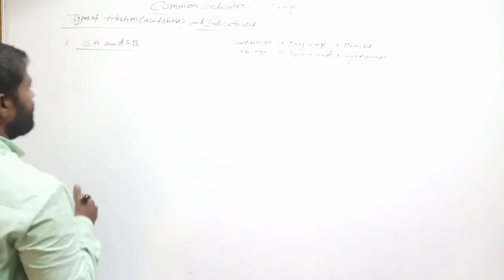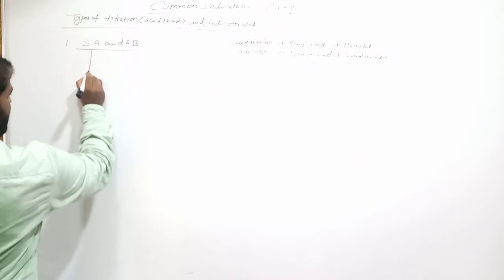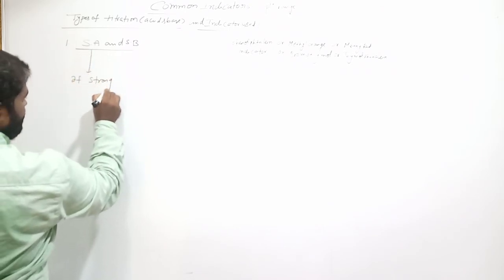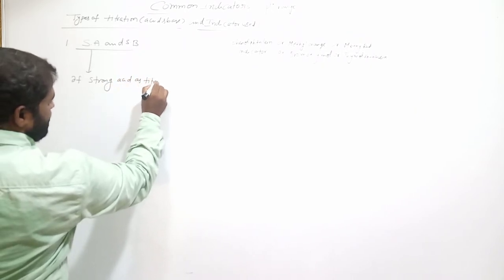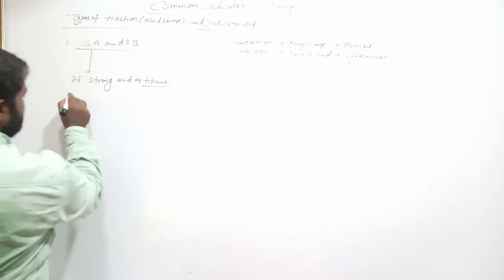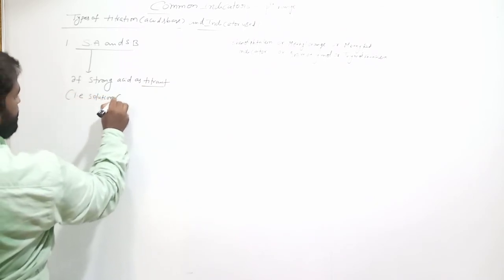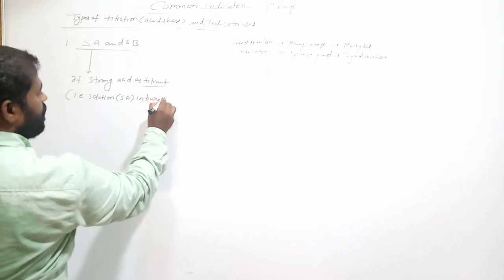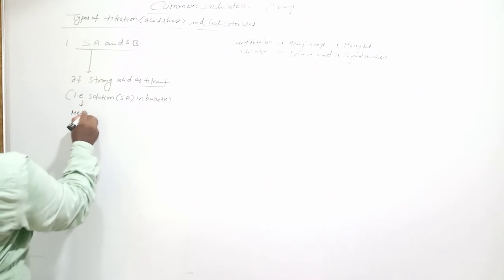Next, second titration. Especially in the case of strong acid, if strong acid is the titrant, that is, the solution in the burette is strong acid, we prefer methyl orange indicator for a better result.